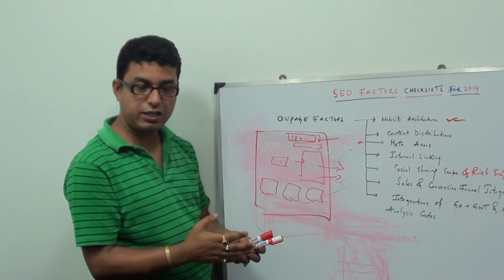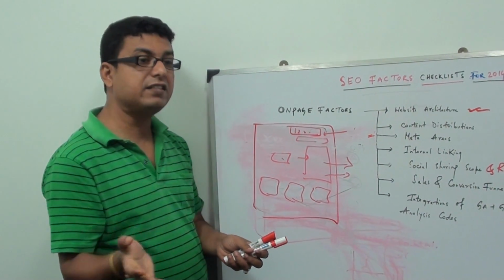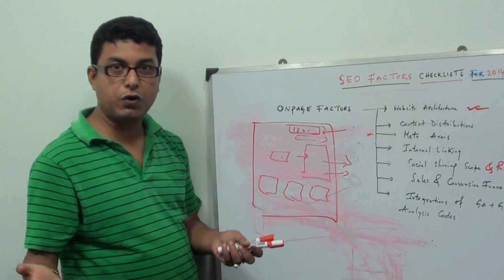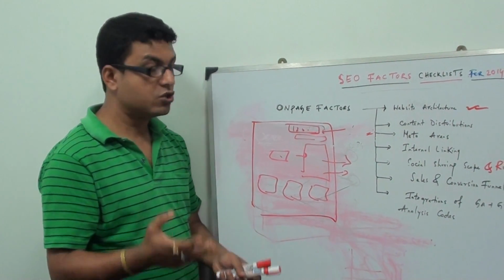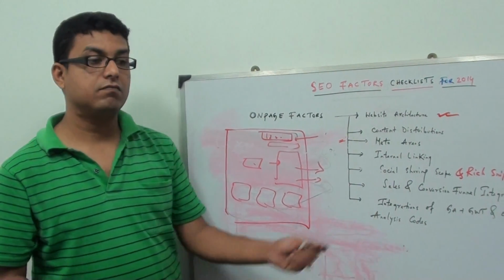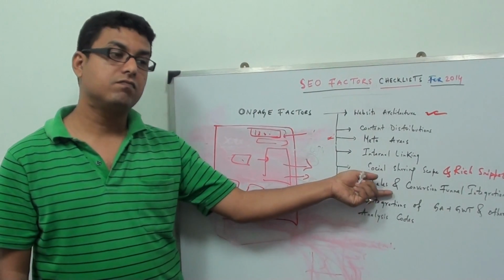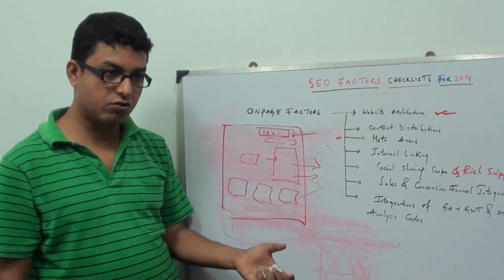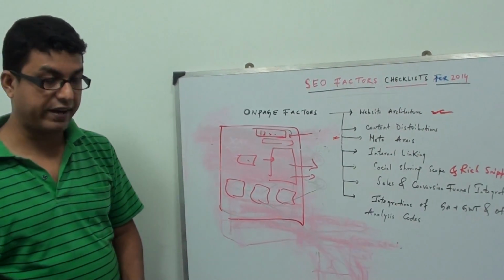Whether they are liking your content, whether they are going to purchase your products. If they are purchasing, it is good; if they are not purchasing, why are they not purchasing? That will give you the analytics history. From the analytics history you can tag, but for that you have to put the conversion tracking codes into your page. So this kind of thing is also important for your factors.